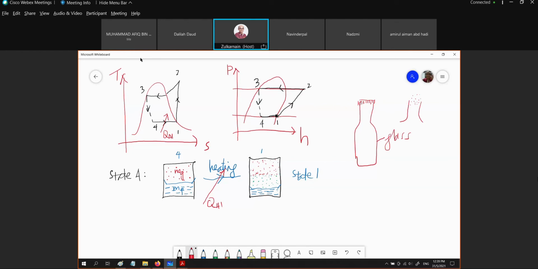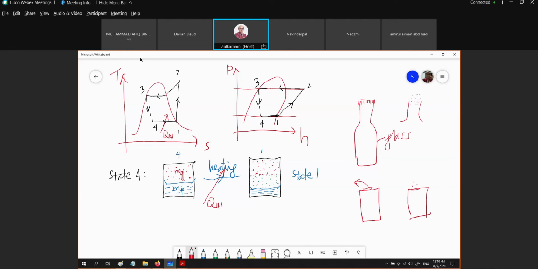Maybe right now you can also see this when you have a drink in a can and you take off the pin or the ring: you can still see some vapor coming out.